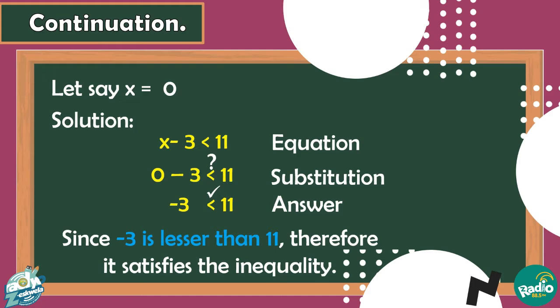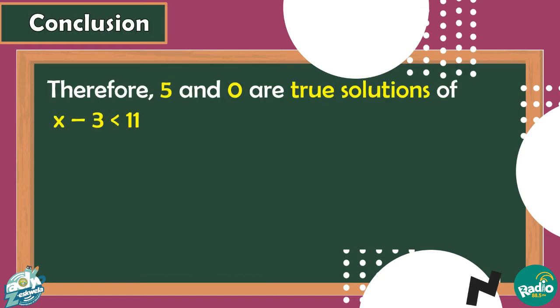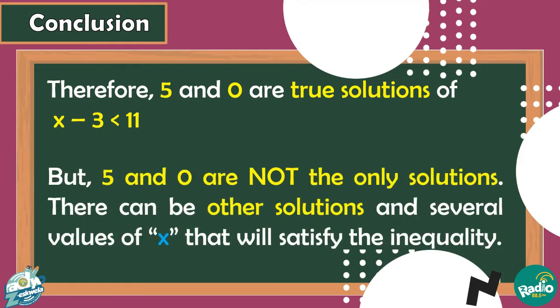Since -3 is lesser than 11, therefore it satisfies the inequality. Therefore, 5 and 0 are true solutions of x - 3 < 11. But 5 and 0 are not the only solutions. There can be other solutions and several values of x that will satisfy the inequality. Take note of that, students.